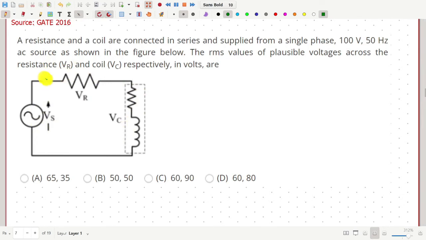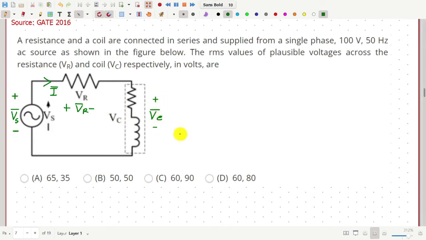Suppose the current here is I bar, that means the phasor value of the current. And the voltage of the source, let that be Vs bar, phasor voltage, and the voltage across the resistance is, say, VR bar, and similarly the voltage across this coil, let that be VC bar.